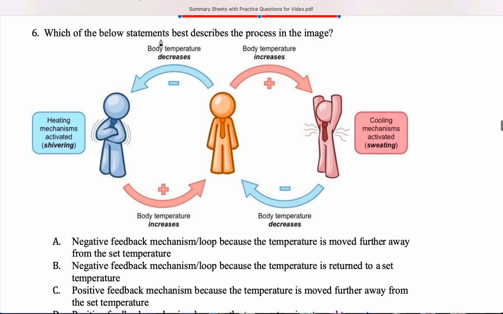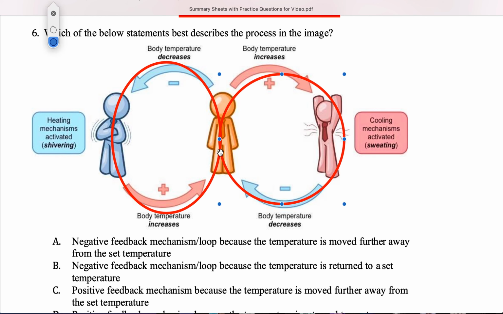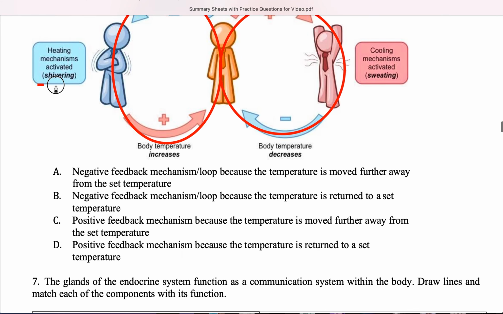This is a diagram, which statement, again boys, elimination rule. You can see that these are the circles. They are working in the form of the circles. It means that there is something like shivering and sweating. Opposite, it means that this is a negative feedback mechanism. So you will not even look at these options. Elimination rule. Don't look at these options. They are not for you.